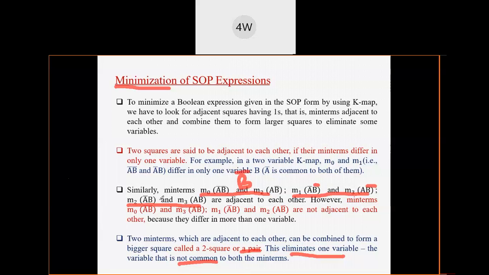So in this way you have to remember that whenever you are combining two minterms which are adjacent to each other, one variable will be eliminated, and that variable which is not common to both minterms will be eliminated. मतलब वो वेरिएबल एलिमिनेट हो जाएगा जो दोनों में कॉमन नहीं है. जो कॉमन है वो रहेगा as it is.